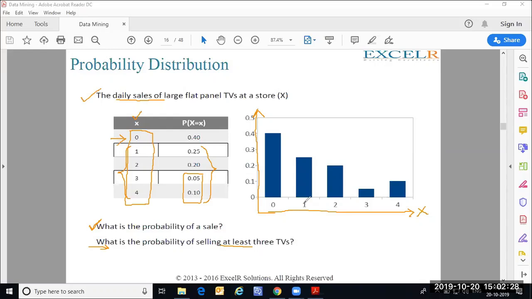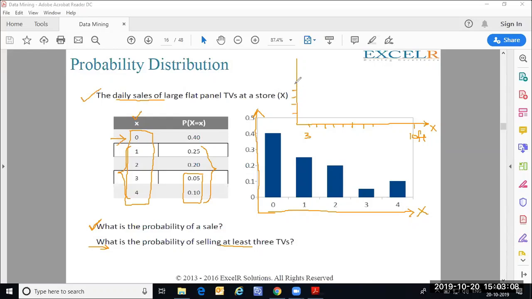But if I take the continuous data, let's take the height of the people across the world. If I just attempt to plot the same, right from 3 feet till 10 feet, and the respective probabilities.